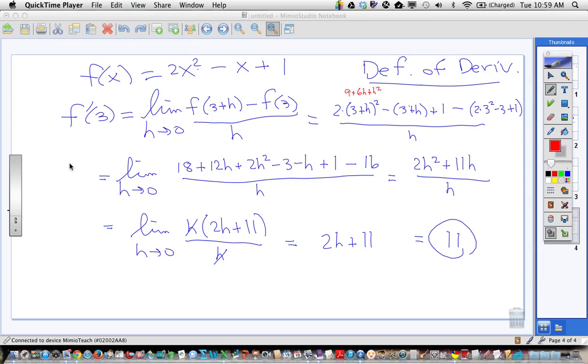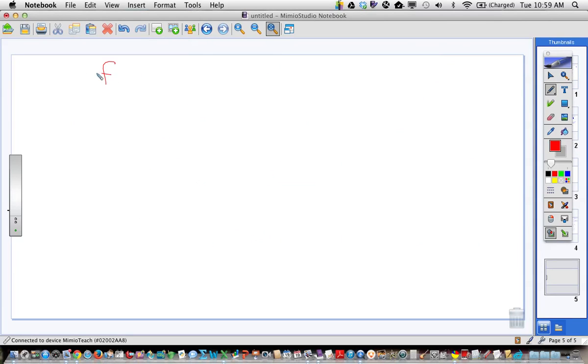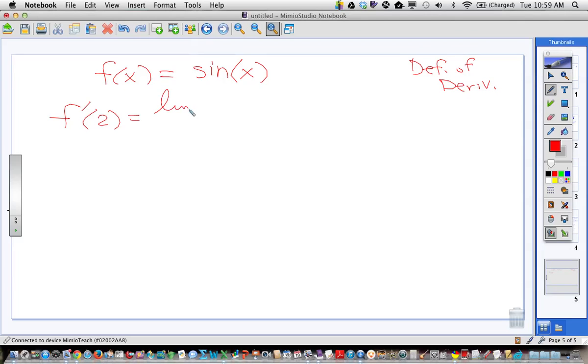Now, let's do a very similar one to that. Another thing I could ask you on definition of derivative would be this. Let's say we had the function sine x, and I said I want you to do f prime of 2, but I said I want you to use the definition of derivative. Now, let's go ahead and set that up. It would be limit as h approaches 0, f of 2 plus h minus f of 2, right?